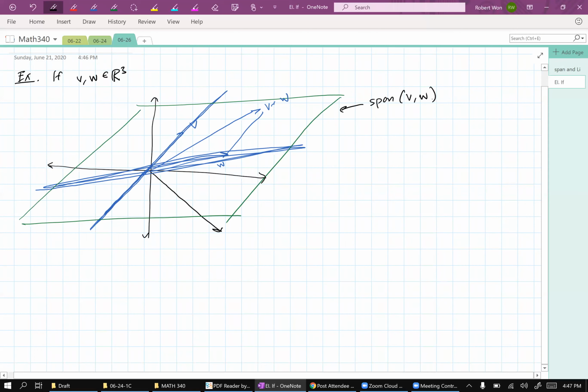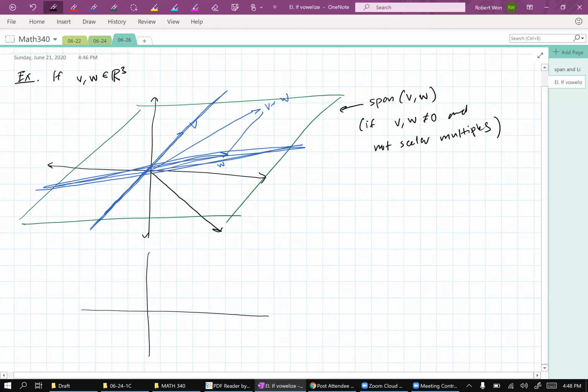But in the way that I've drawn this picture here, I've made sure that they're both non-zero vectors and they're not scalar multiples of one another. So this is if v, w are non-zero and not scalar multiples. This is sort of like the generic case. Of course, if they were both the zero vector, you would only get 0 if you take linear combinations of the zero vector.